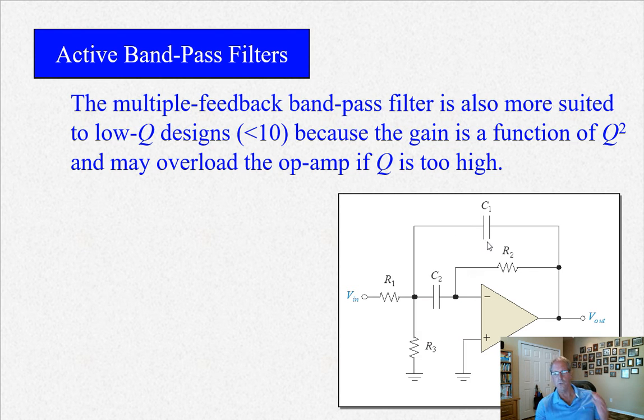Remember, capacitors are short circuits to high frequencies. So what happens at high frequency? Well, this capacitor here, C1, becomes a wire, a short. Same with C2. It becomes a wire, a short. If you remember the formula for just an inverting op amp, where you feed the inverting input, that's what this ends up being, except that R2, the feedback resistor, ends up getting shorted out by C1.